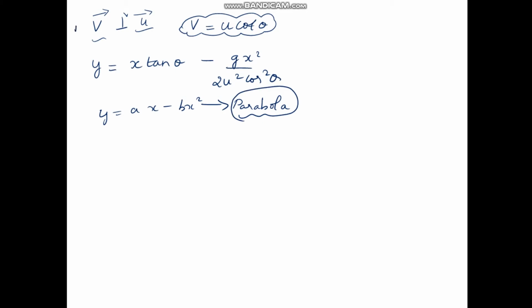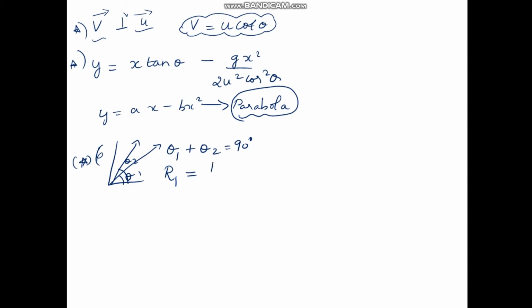The next point you must remember is, suppose we are throwing projectile 1 with theta 1 and projectile 2 with theta 2 with respect to the horizontal. If theta 1 plus theta 2 is 90 degree, then the range reached by the first projectile is equal to the range reached by the second projectile.